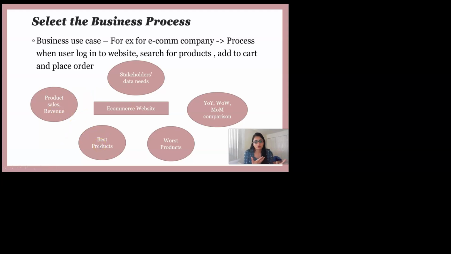When you say the best products, it means what are the products that are performing better, like whose sales have gone up, and the worst products which didn't do any sales. And then with this use case solution, you might provide year over year comparison, week over week comparison, month over month comparison. So we can solve all these problems using dimensional modeling.